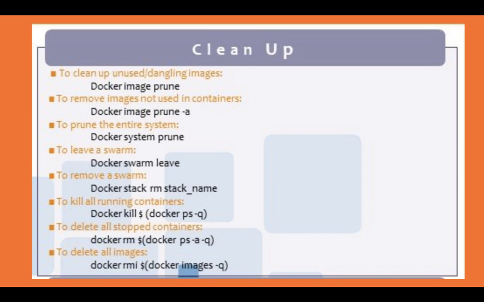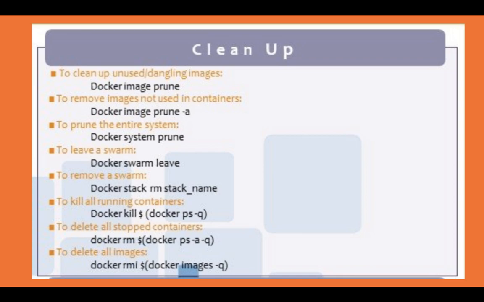It is used for cleaning up unused images. docker image prune -a is for removing images which are not used in containers. docker system prune is used for pruning the entire system. docker swarm leave is to leave the swarm. docker stack rm stack name is for removing a particular swarm stack.